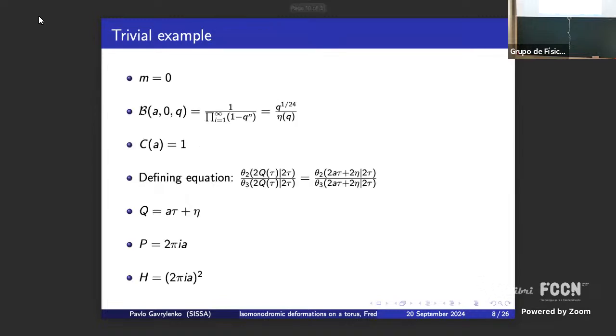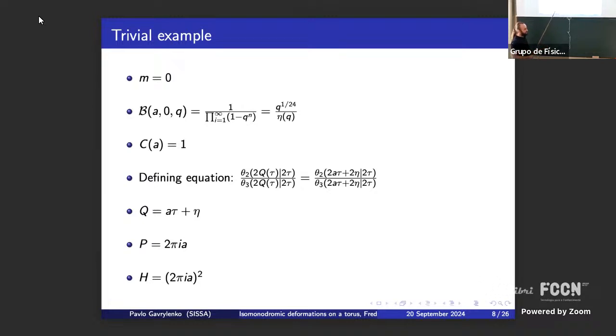And also, if you want to look at the behavior of this formula, again in this almost trivial case when m equals 0, we can just see that the conformal block becomes this function, and the structure constants become trivial. So these expressions sum into theta functions, even simple theta functions.